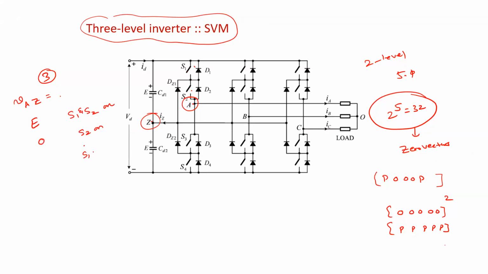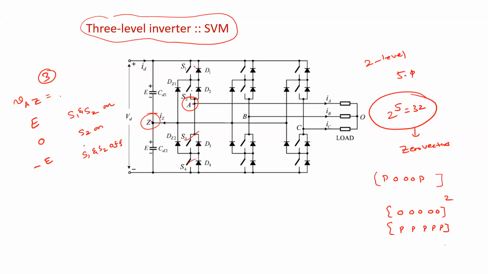If S1 and S2 are both off, what is the voltage? That means S3 and S4 are on, right? So what is the voltage across A and Z? Minus E. So that means we have 3 voltage states: E, 0, minus E.